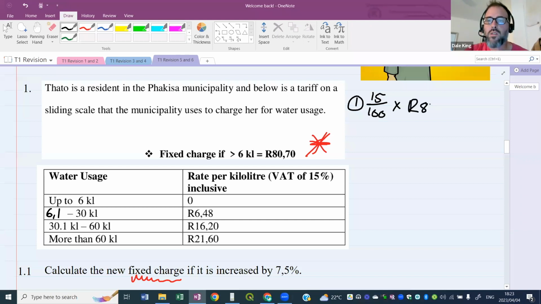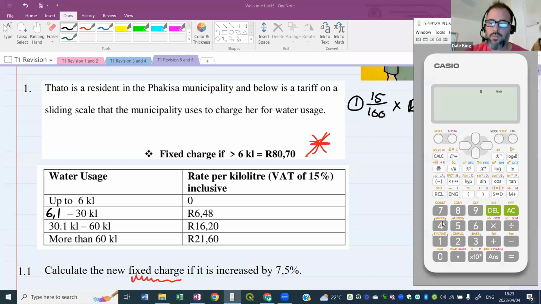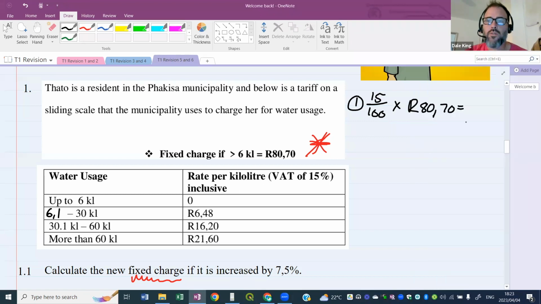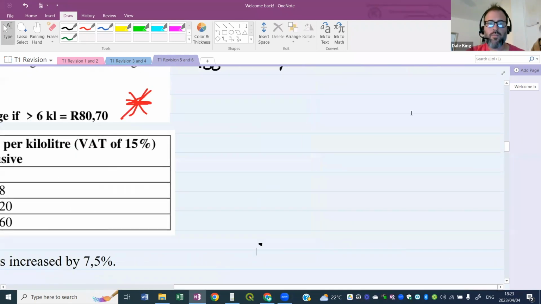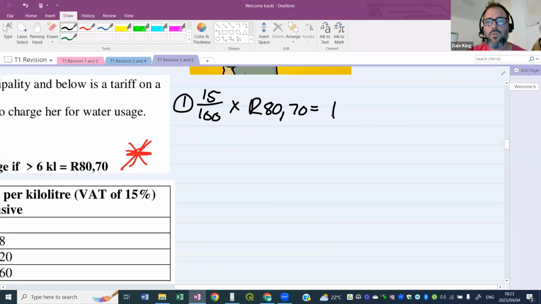So 15% of 80 Rand 70 is equal to, let's get the calculator. 15 over 100 times 80.7 is 12,105.